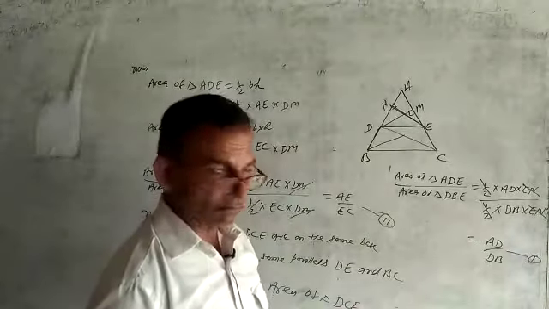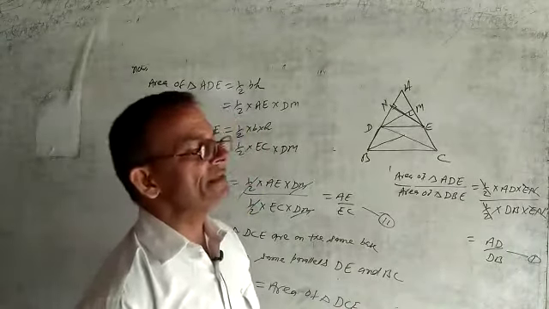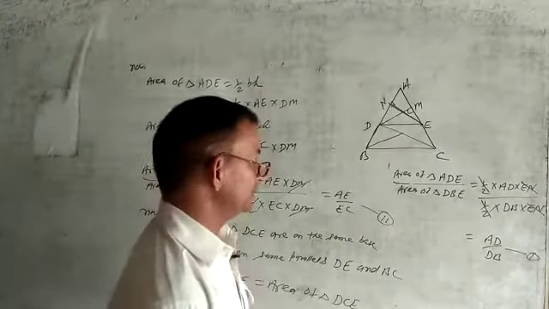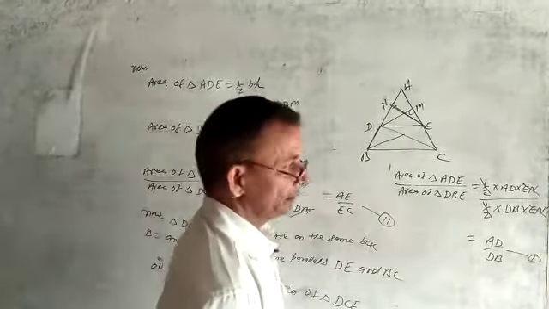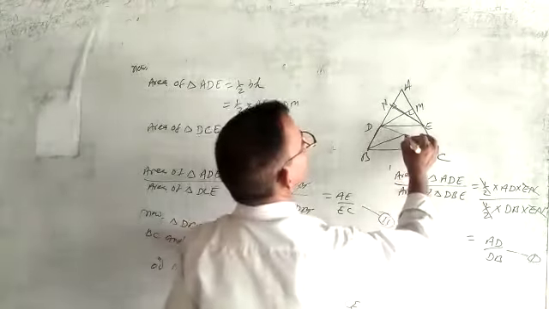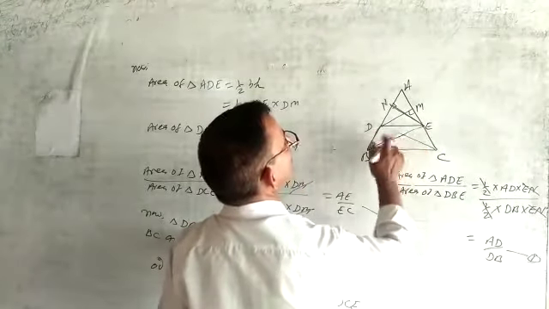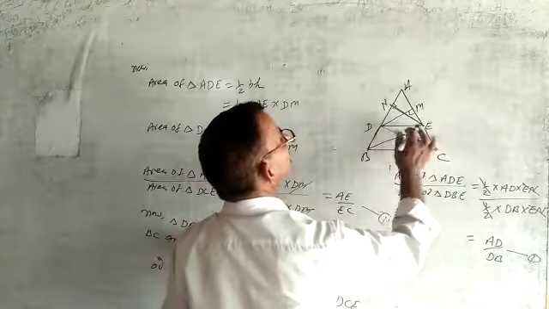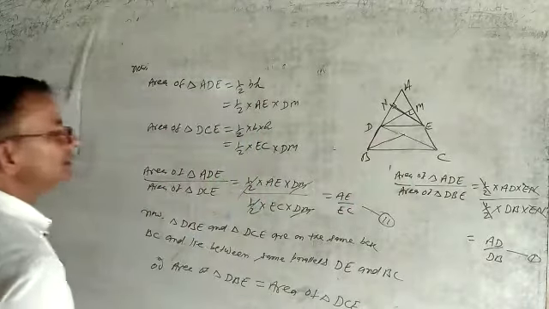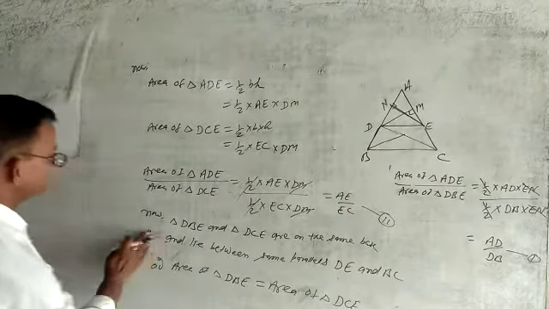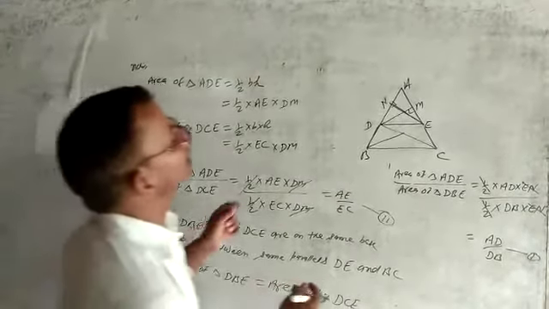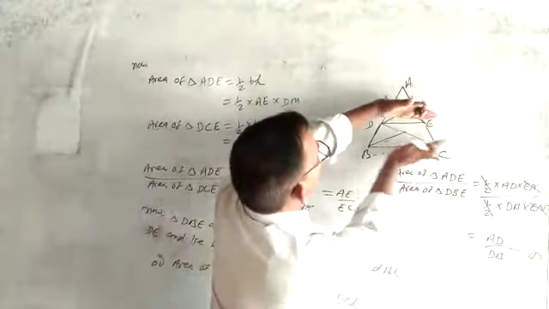We know that triangles having the same base and lying between the same parallels are equal in area. We see in the figure that both triangle DBE and triangle DEC are on the same base DE, and both lie between the same parallel lines DE and BC.